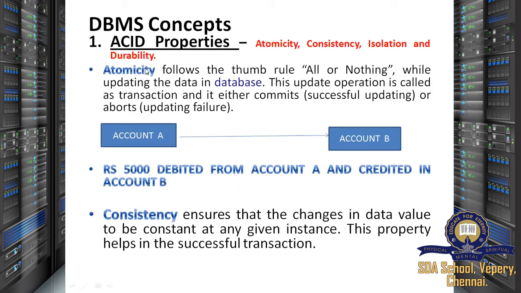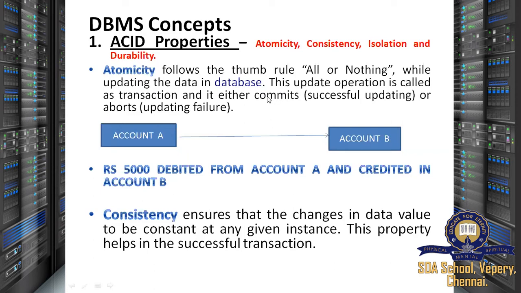The first one is atomicity. What does atomicity do? Follows thumb rule, all or nothing. See, in database, we are going to do some transaction. While the transaction takes place, if the transaction is successful, we say transaction is committed.